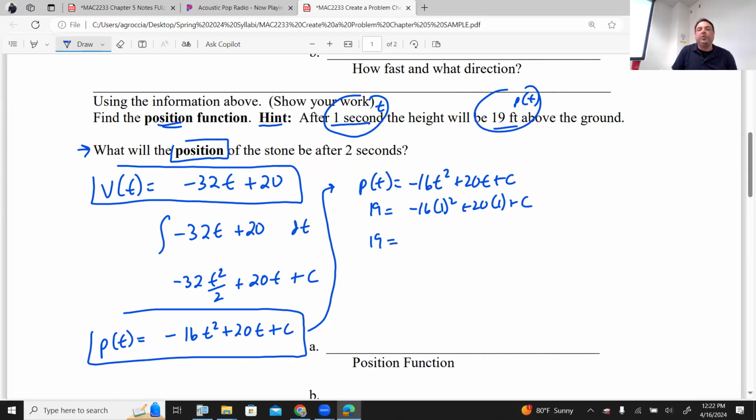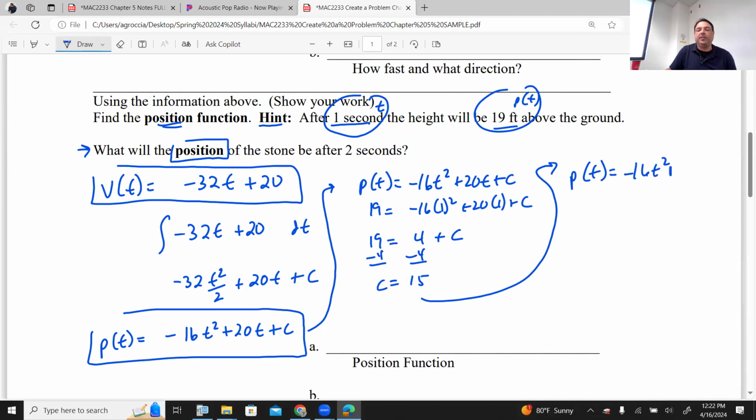So 19 equals -16 plus 20, that's 4, plus c. 19 minus 4, c equals 15, which we now end up with our complete position function, which is -16t squared plus 20t plus 15. We'll pause there, make sure we got the complete position function before we plug anything in.